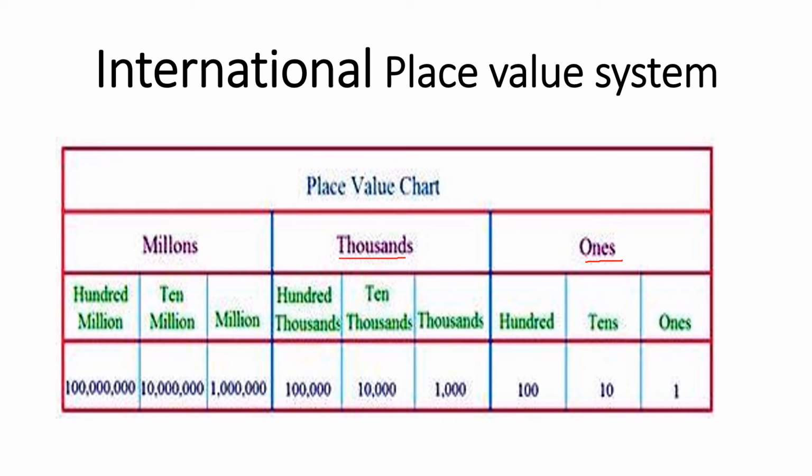Then in the Indian system we learned that in the thousand period only 1,000 and 10,000 was there. But in the international system we have 100,000 also. In Indian we were having the lakh, but here we have million. So it's million, 10 million, and 100 million.